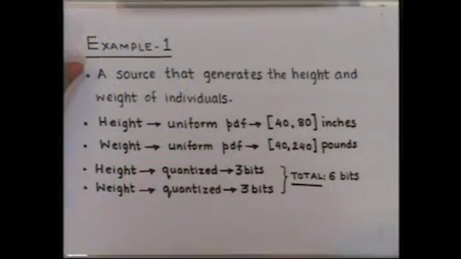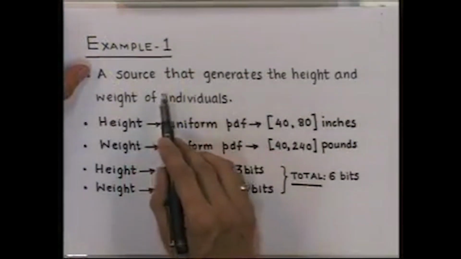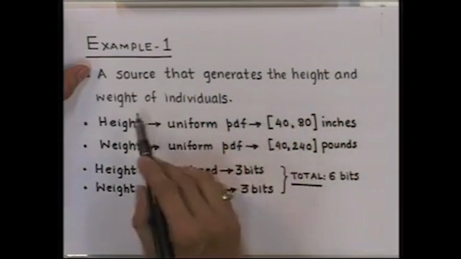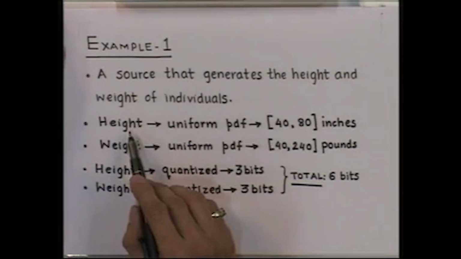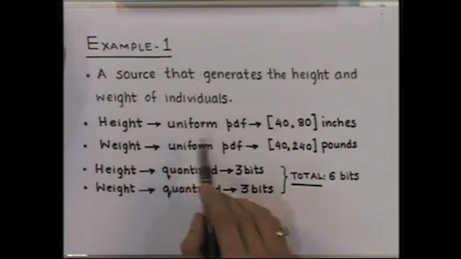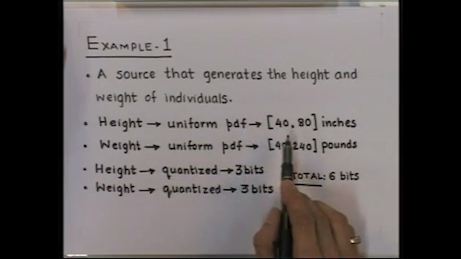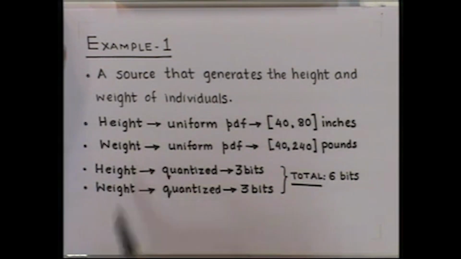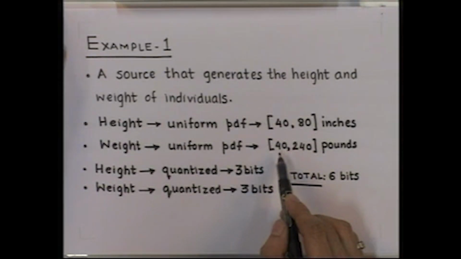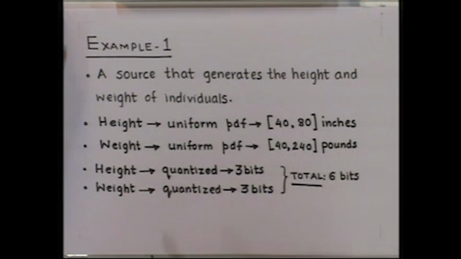So, let us consider example 1, where a source generates the height and weight of individuals. Let us also assume that height is uniformly distributed between 40 and 80 inches and weight has uniform PDF between 40 and 240 pounds.